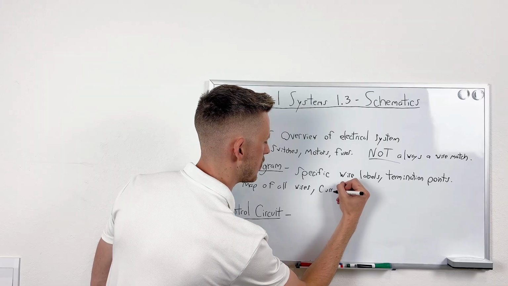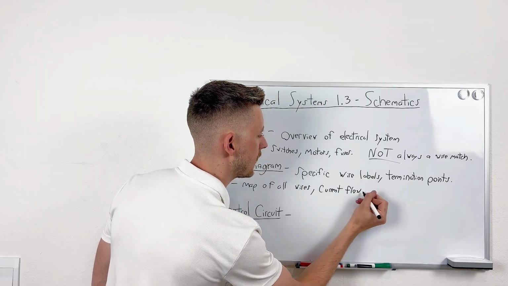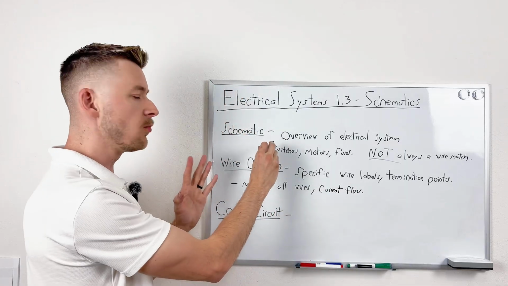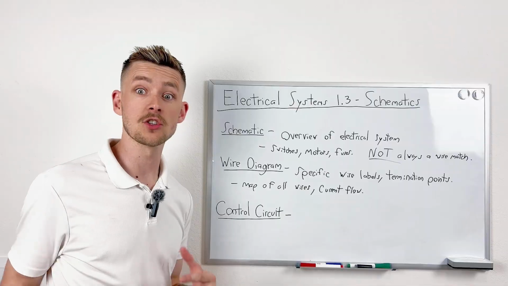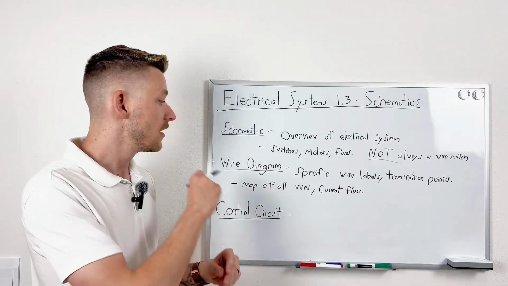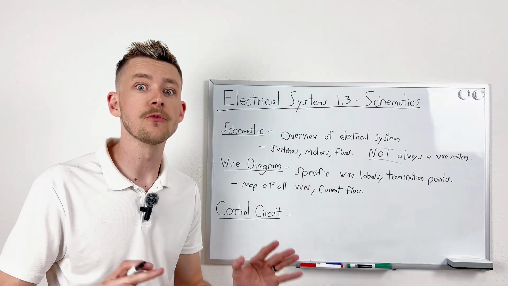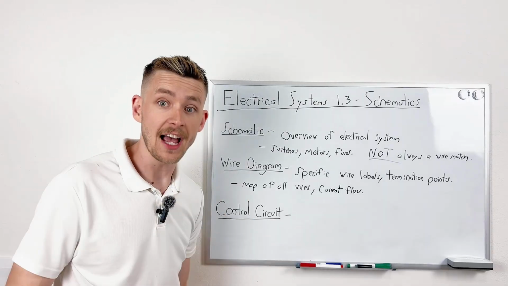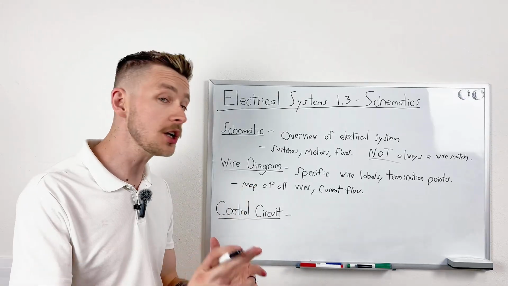And it specifically goes through the current flow, right? So the schematic is more process flow based, right? The overall process, what devices are in what sequence of events. The wire diagram is going to specifically include everywhere that current is flowing through inside the devices and where those wires are landing and what specific wires you're looking for.